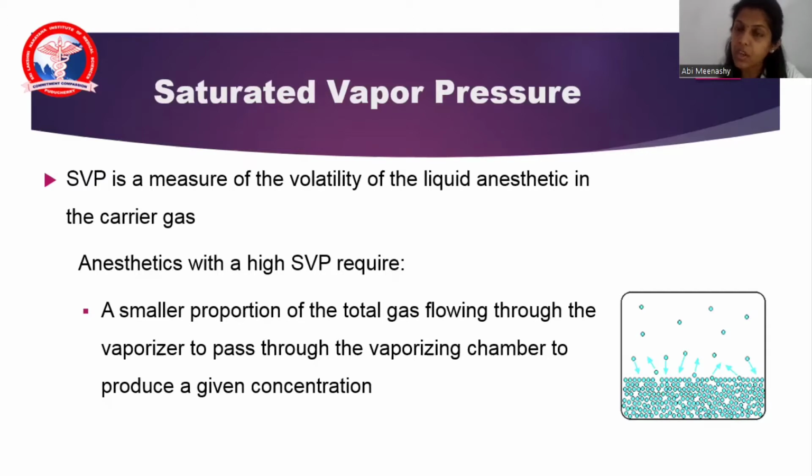What will happen? The fresh gas flow that we are setting in the flow meter will go inside the vaporizer, get into contact with your liquid agent, that is your anesthetic agent that you are filling, and then it will become a vapor, then it will be delivered to the patient. An anesthetic agent with high SVP requires only a very little proportion of total gas to flow because it will become volatile very rapidly.